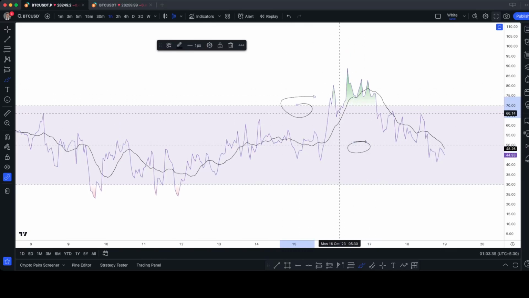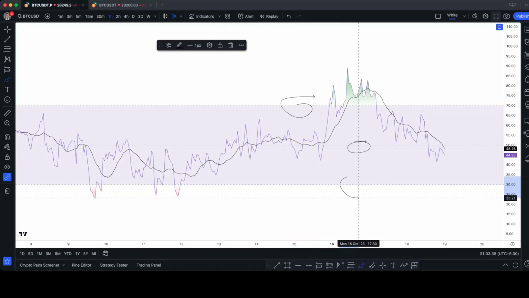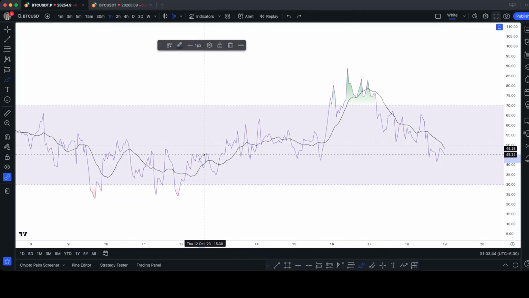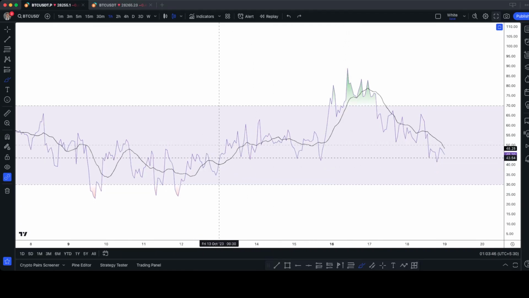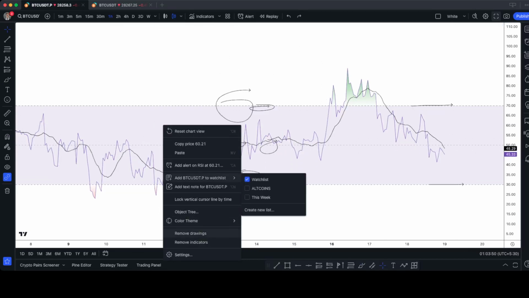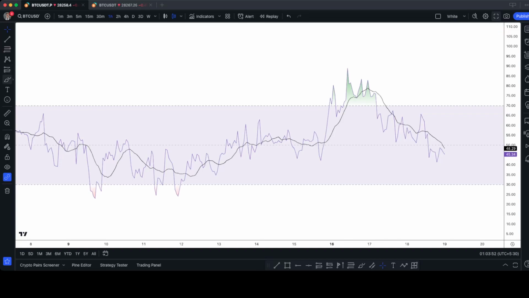This is 70, which is the top of the range, and this is 30, which is the bottom of the range. And when the price, or you can say this line, not the black one, the purple one, is above the 70, it is known as the overbought zone.